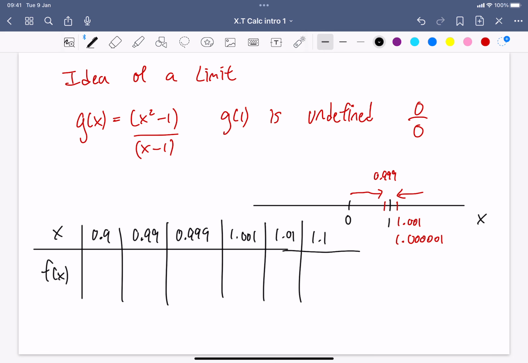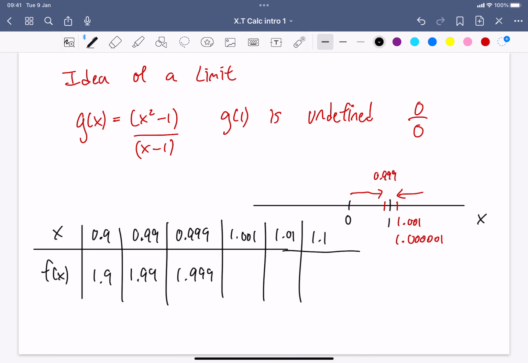That's a really messy graph, but if we plug 0.9 in for x, we would get 1.9. If we plug in 0.99, as you can see, 0.99 is closer to 1 than 0.9, we'll get 1.99. So on and so forth, we'll get 1.999.